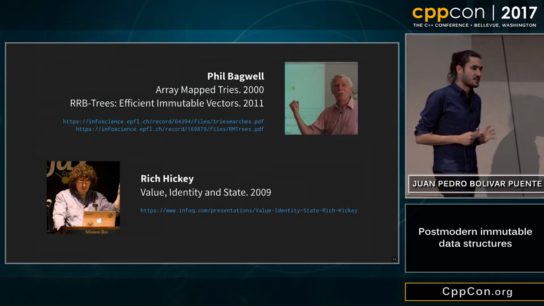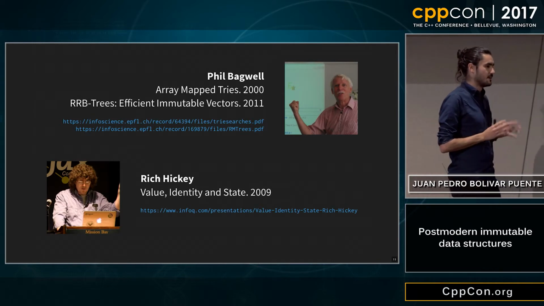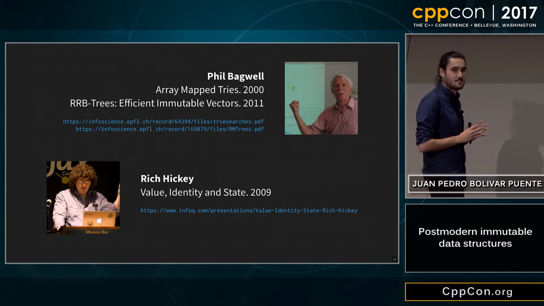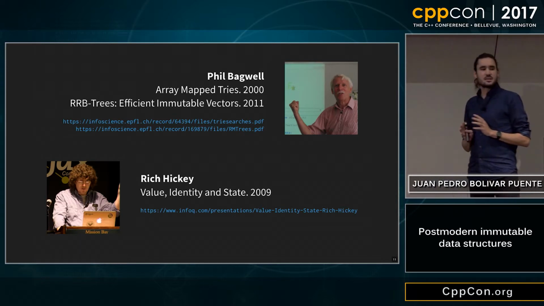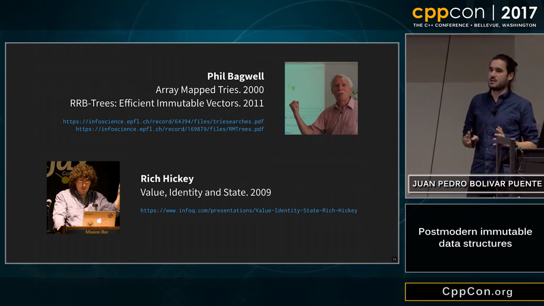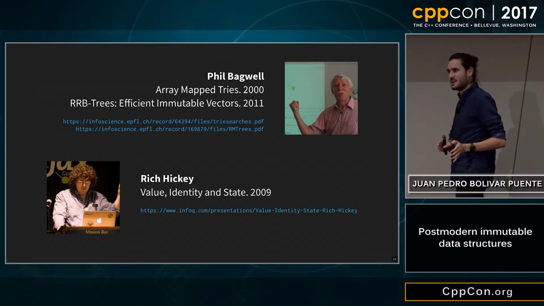But the data structures that I want to implement are the ones invented by Phil Bagwell and popularized by Rich Hickey, who is the inventor of the language Clojure, which I think is a very bold language because it's a Lisp, which traditionally Lisps are based on lists.